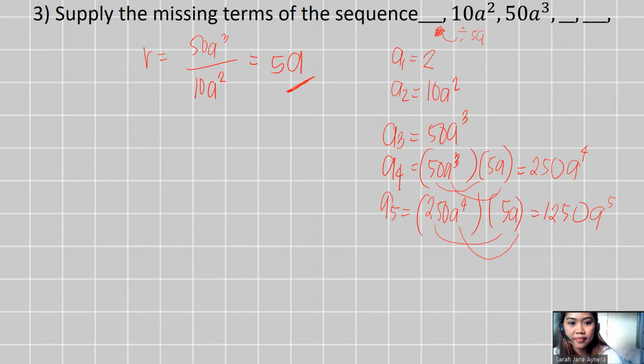A squared divided by a is a. So, the first term is 2a. 2a, 10a squared, 50a cubed, 250a to the fourth, and 1,250a to the fifth.